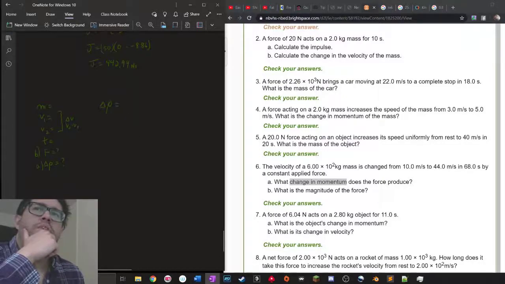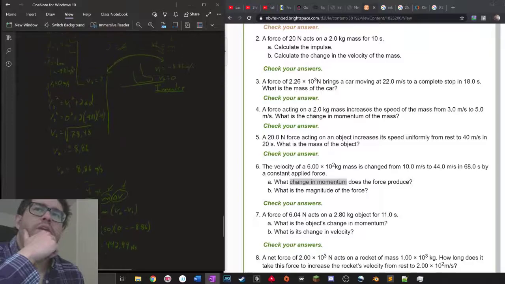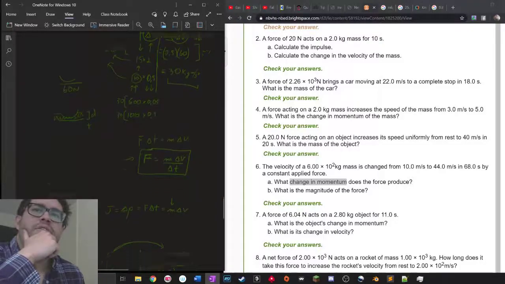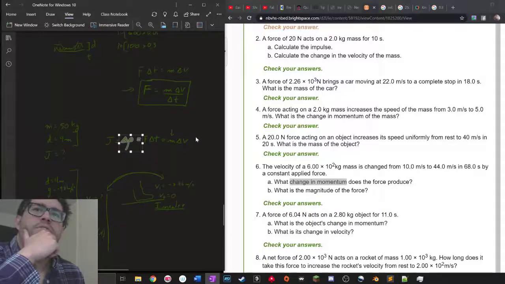So delta P using MV, and then T after that to find the force.